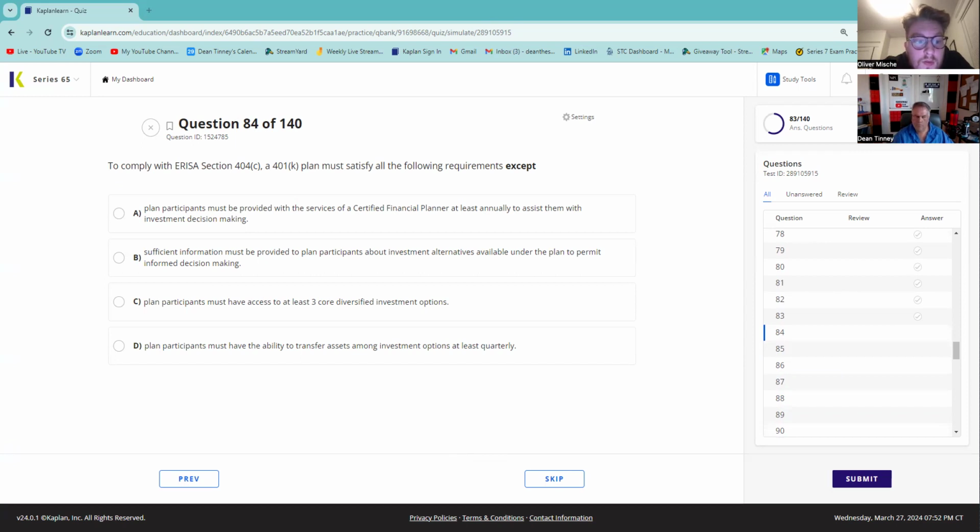Sufficient information for that. I think you have to do it monthly, but this is one of the areas I'm weak in. I'm gonna kind of shoot in the dark here.